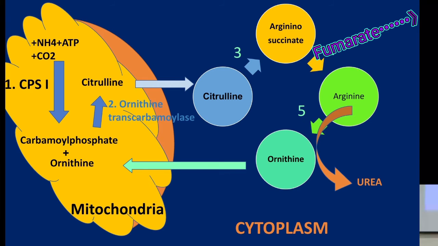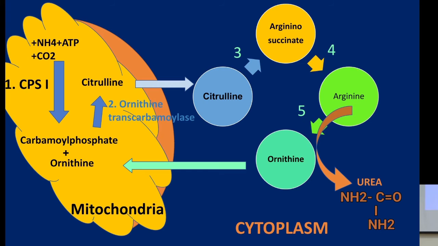Arginine, look at the side chain of arginine. It has 2 nitrogens and a carbon, and that's where the urea will be coming from. Now an enzyme called arginase breaks this off, producing urea, which is this molecule there, and regenerating L-ornithine.